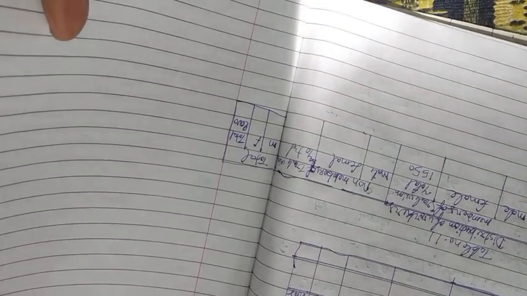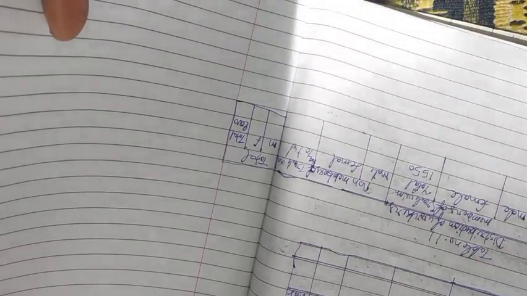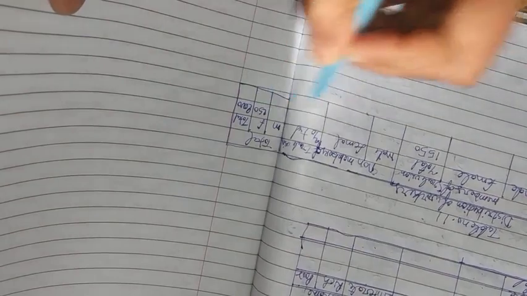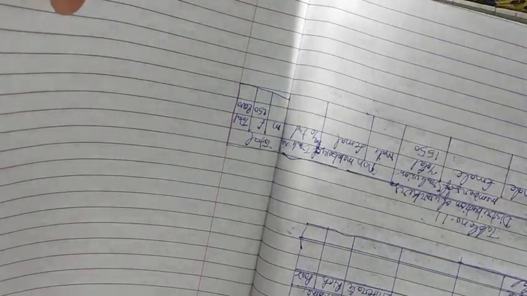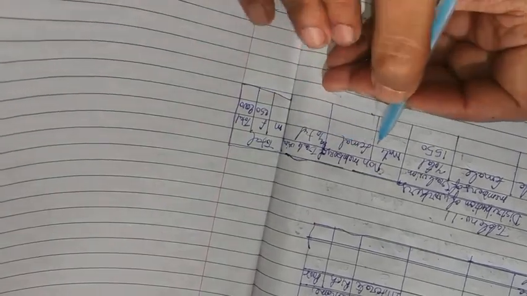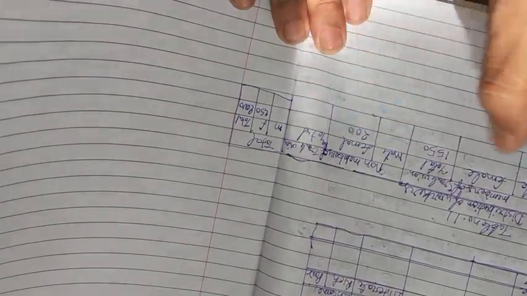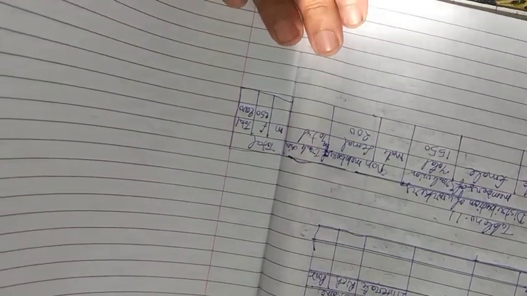Then it says the number of women workers employed was 250. Total women workers were 250, out of which 200 did not belong to any trade union. The non-members of trade union were 200. It means now we'll solve this portion first.